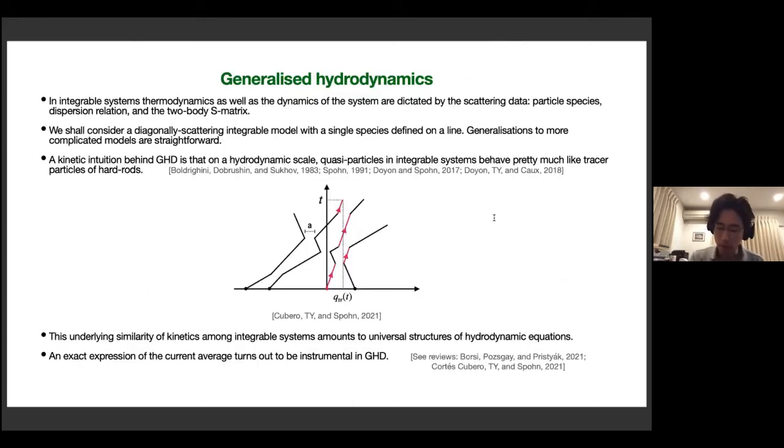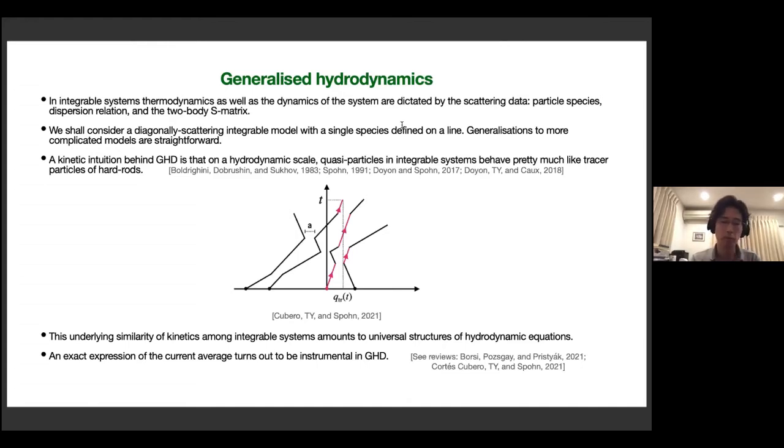So now we come to generalized hydrodynamics. I think there have been a number of talks about GHD already, and it's not really necessary to provide an introductory explanation. So let me just say that in integrable systems, thermodynamics as well as the dynamics of the system are dictated by the scattering data, which is the particle species, the dispersion relation, and the two-body scattering phase shift.